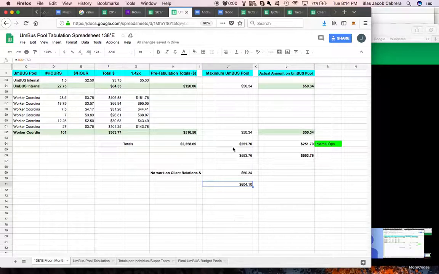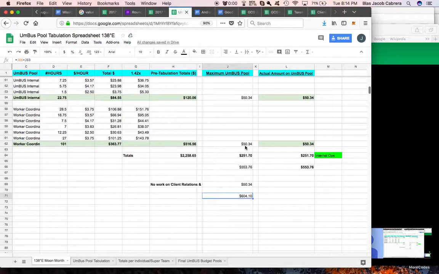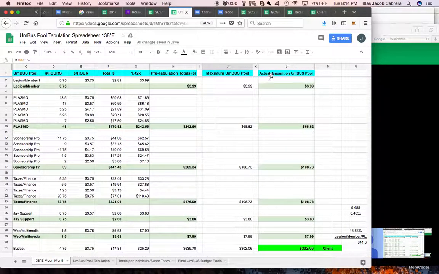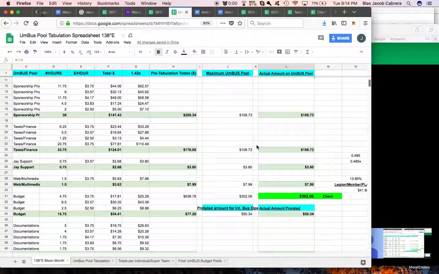So this is the total worker income. Total maximum income for the worker. And this is the actual amount that was the work, right? So this was $399, $68, $82, $108, $108.